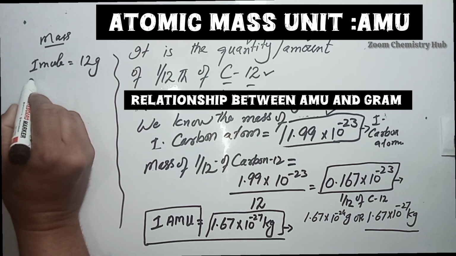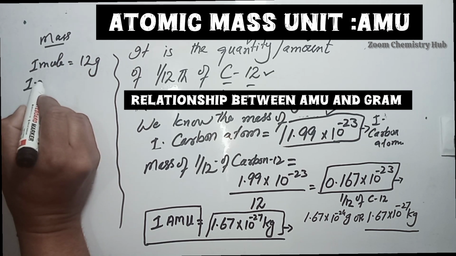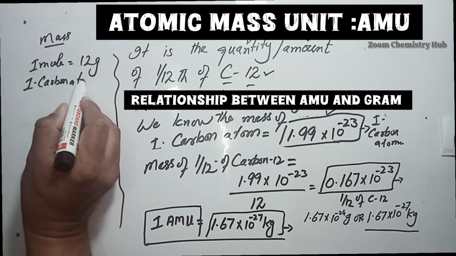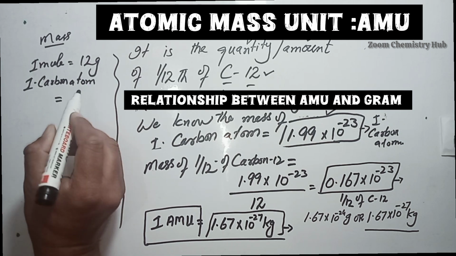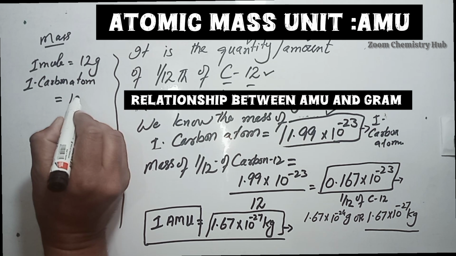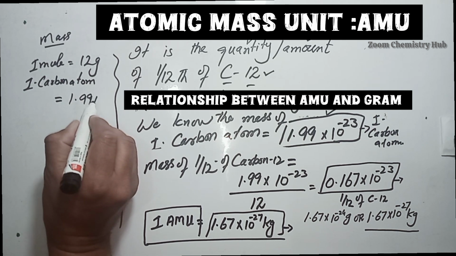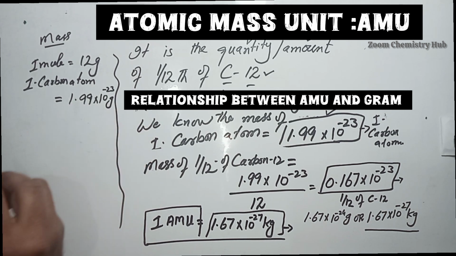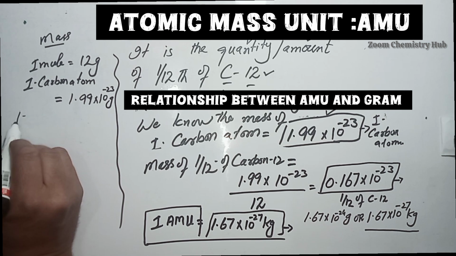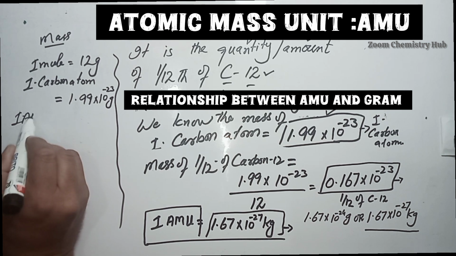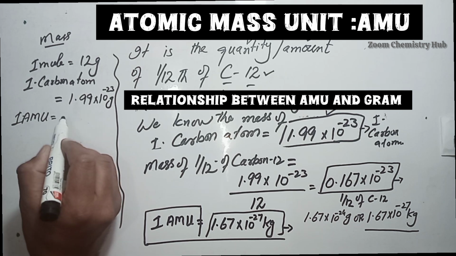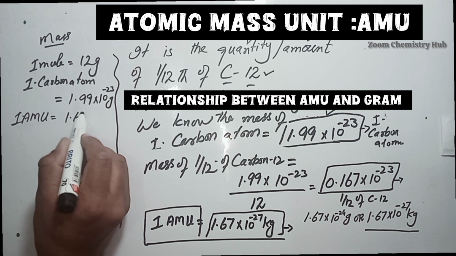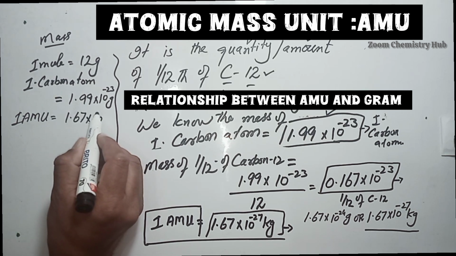Mass of 1 atom of carbon will be 1.99 multiplied by 10 raised to power minus 23 gram, and mass of 1 AMU is 1.67 multiplied by 10 raised to power minus 27 kilogram.